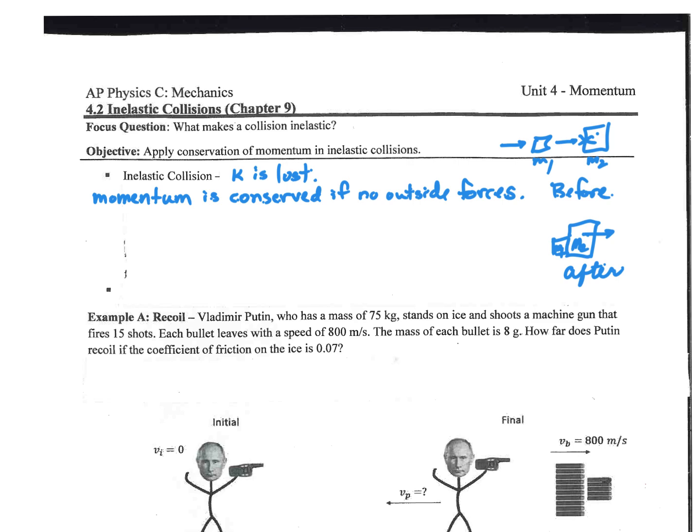What happens in a collision is you've got internal forces between molecules, between the masses, acting on each other. These internal forces can't change the momentum of the system, but they can change the energy of the system.